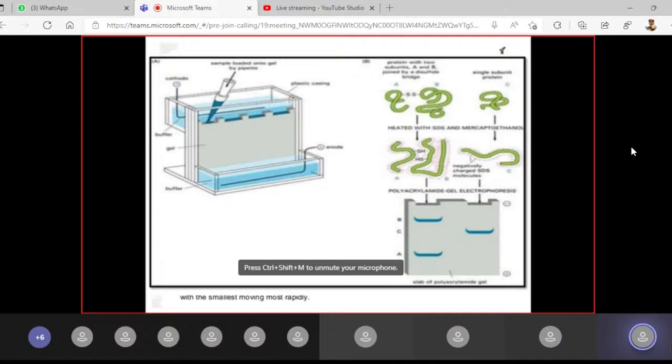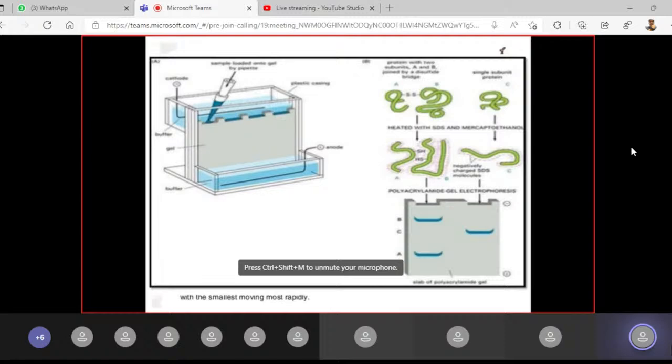Okay, so now the difference in native page, since no SDS, separation is not only based on the size, it's based even on the charge of the molecule. In SDS page, it was uniformly bound by SDS, but in native page, no SDS.